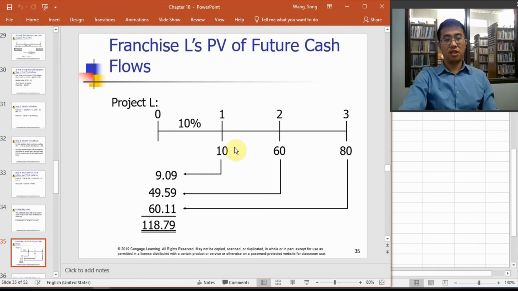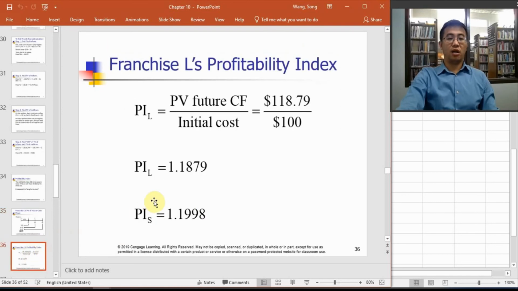We are going to discount each of the future cash flows into present values. It sounds familiar, right? This is exactly what we did with NPV. And then we're going to sum them up. Instead of combining the summation with the negative $100, which is your initial investment at cash flow 0, we use this number to be divided by the initial cost of 100.